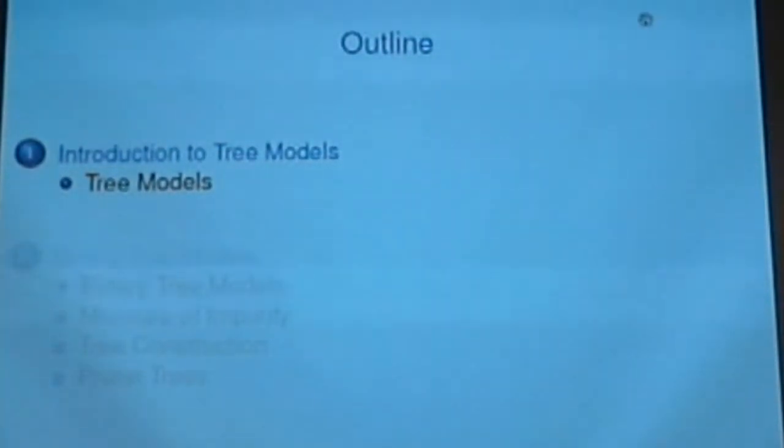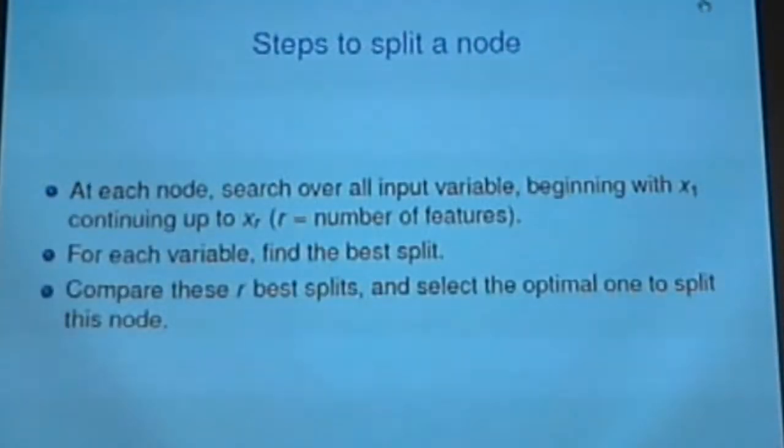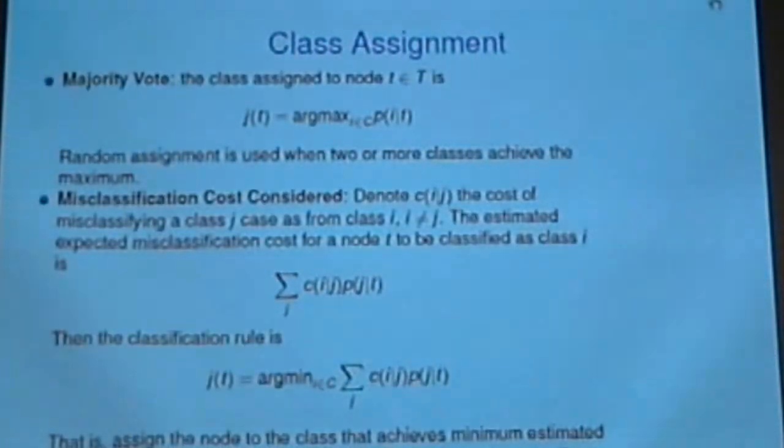I thought we had this line. Subsection 4. Not even that yet. So we probably skipped some of these. I forgot which one. We already did this, right? About next time. We already talked about that. Class assignment, majority vote. Okay.